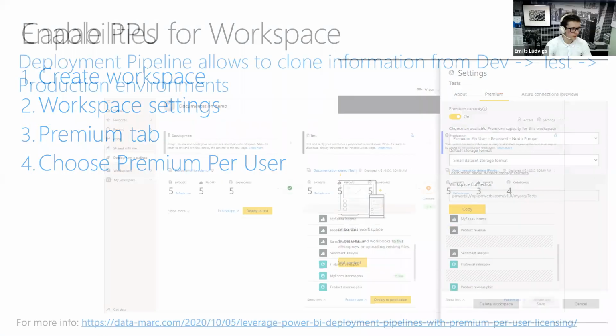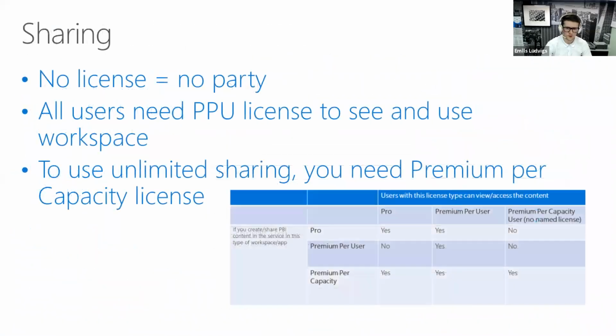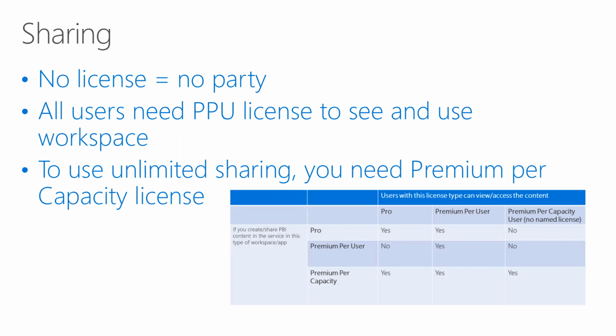I will go to the slide where we have these sharing options. As I mentioned before, you cannot share this information, if you have these PPU licenses and workspaces, with other users who don't have it. Okay, yep, thank you.